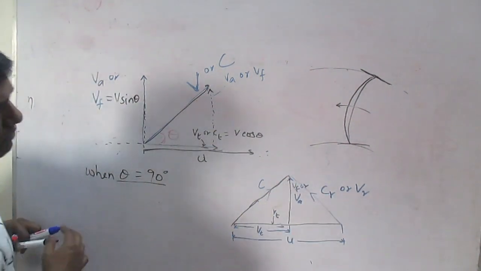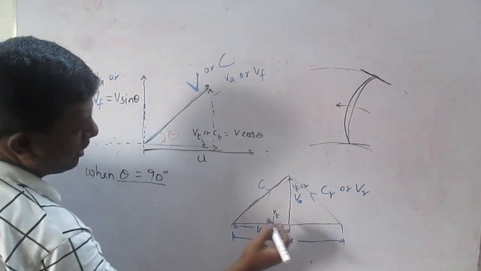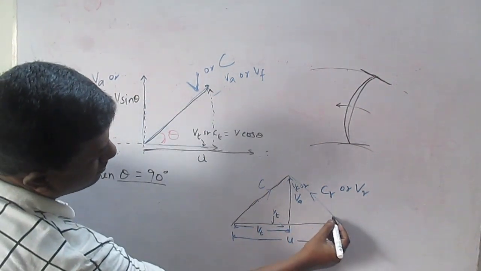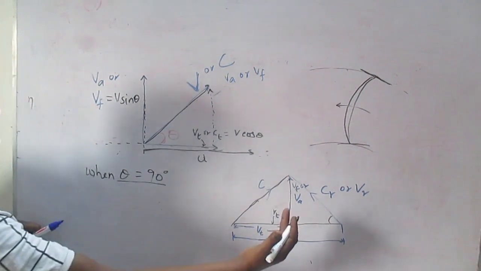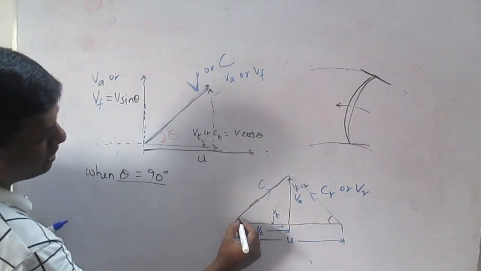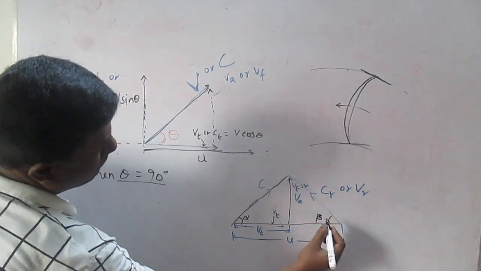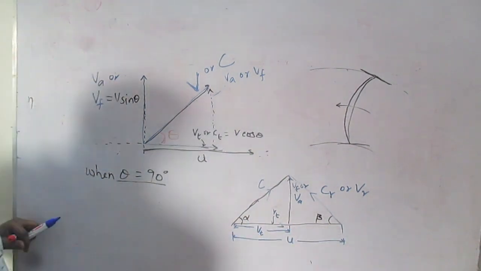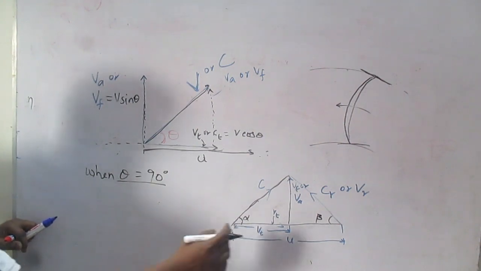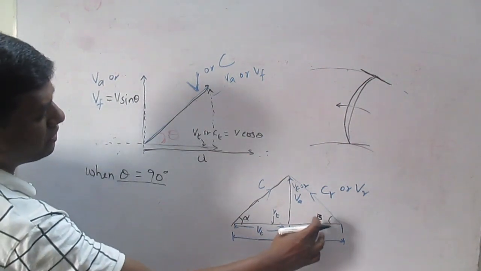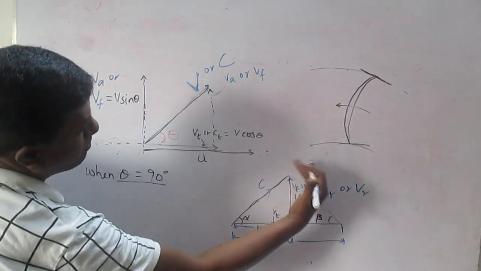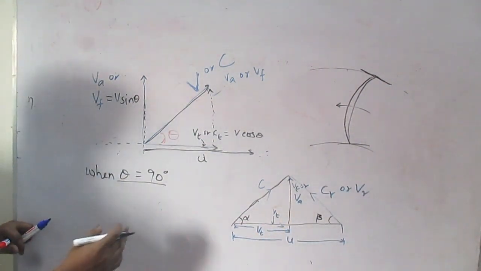Suppose when the radial velocity will become axial, when this component will become like this. So that is one thing we have to see. It means when this angle is 90 degree. Suppose let's say this is alpha and this is beta. When this beta equals 90 degree, then this component will become like this.